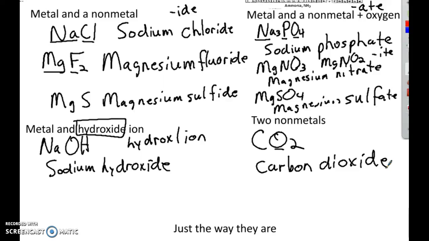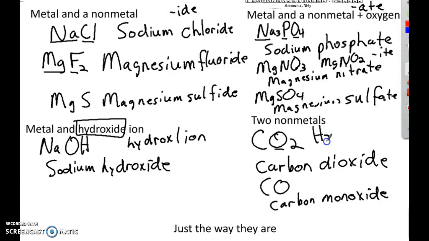If you had a CO3, you could call it carbon trioxide, which as far as I know, there's not such a thing. But for example, CO is carbon monoxide. We talk about carbon monoxide poisoning, and mono means one, so basically it means there's carbon with one oxygen. Okay.